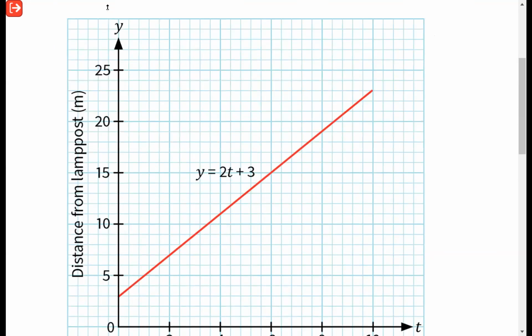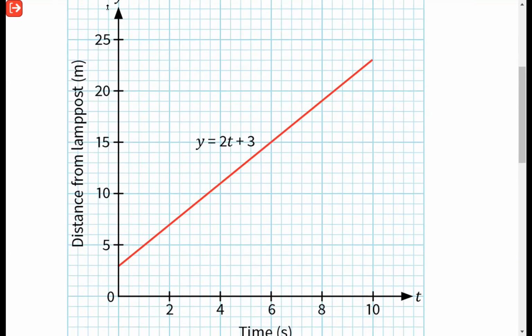Okay, then we have the graph. As expected, we start off at 3 meters away on the vertical axis. And we see that as time passes, she gets further and further away from the lamppost.